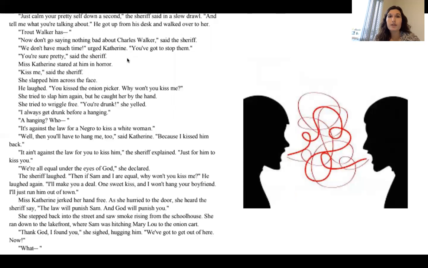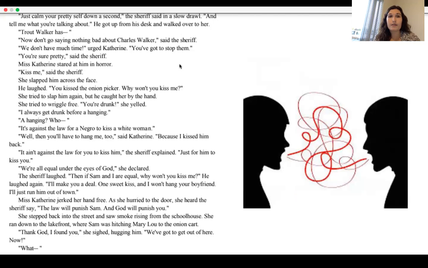"Just calm your pretty self down for a second," the sheriff said in a slow drawl, "and tell me what you're talking about." He got up from his desk and walked over to her. "Trout Walker has—" "Now, don't you go saying nothing bad about Charles Walker," said the sheriff. "We don't have much time," urged Catherine. "You've got to stop them."